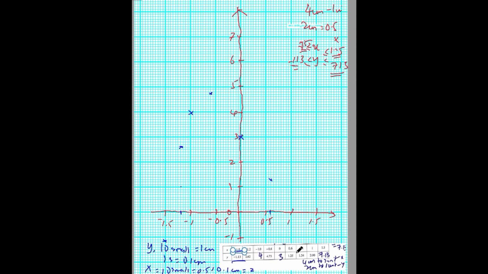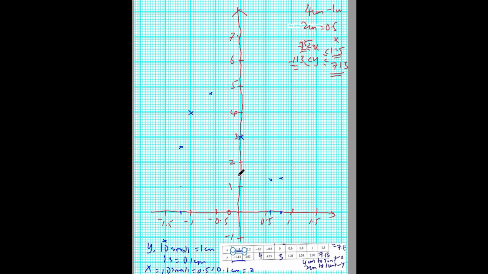And then we have 0.8 and 1.34. This is near to 1.35, in between 1.3 and 1.4. So 0.8 is 4 to the left from 1. So 0.8 and 1.34, this is 1, so this is 1.3, in between 1.3 and 1.4.